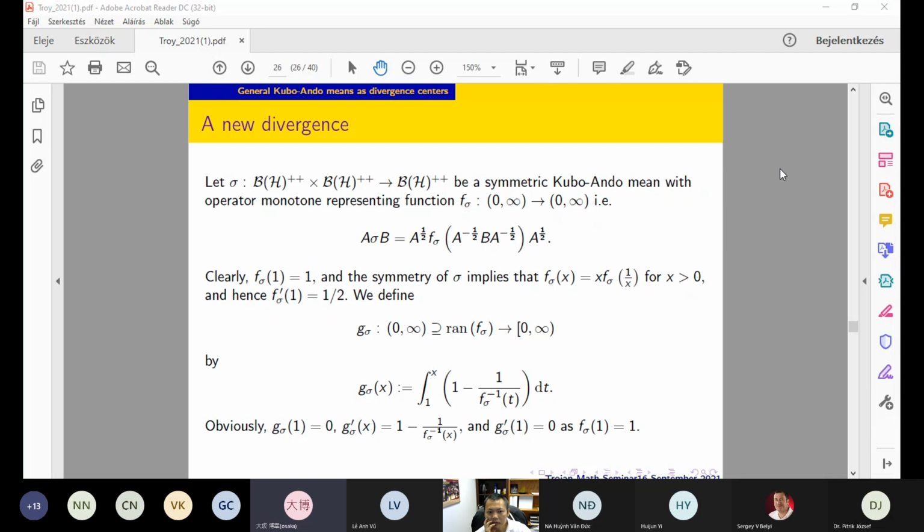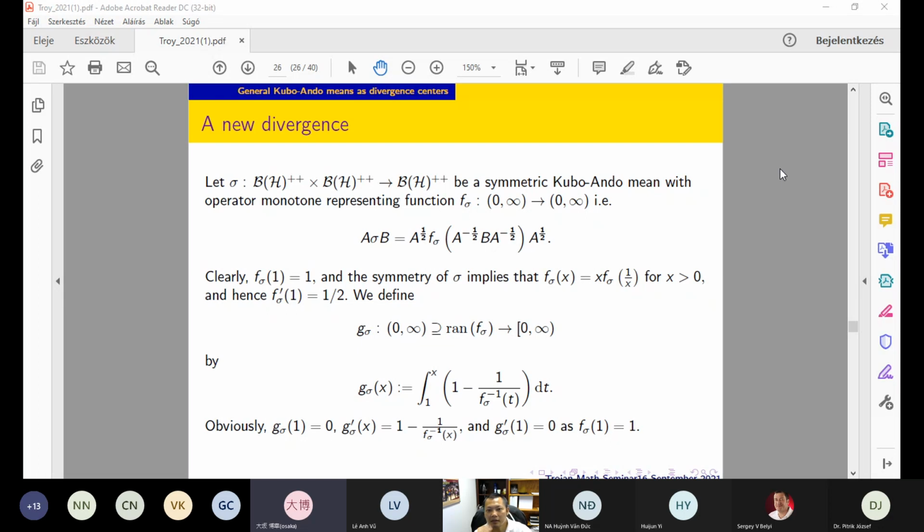But I think there is another way to define another G sigma, and then we can get another characterization of non-symmetric means. I hope so. That is my comment. Thank you.